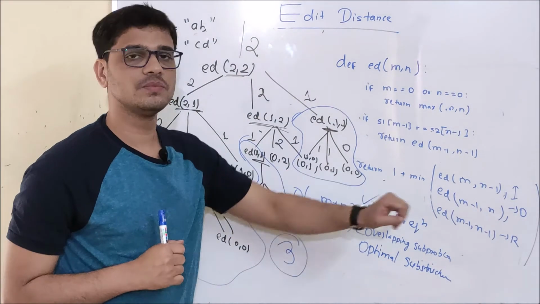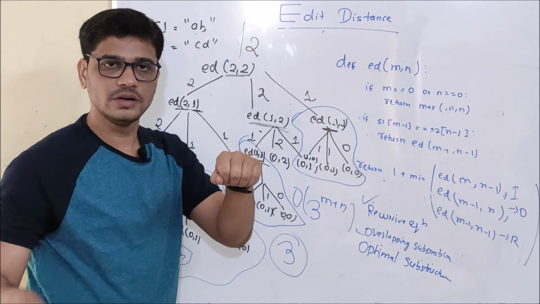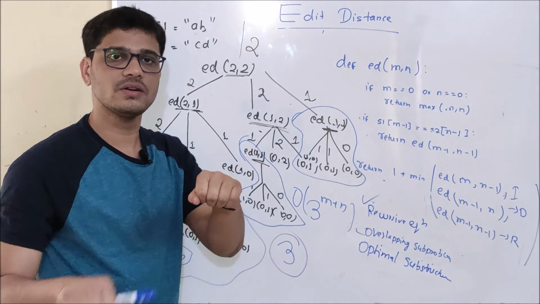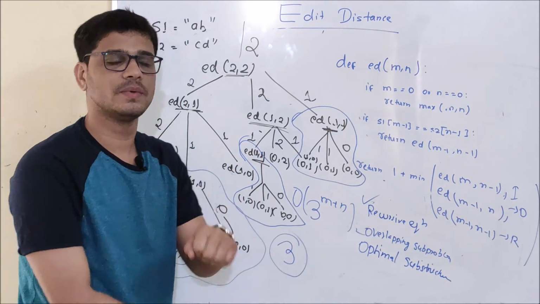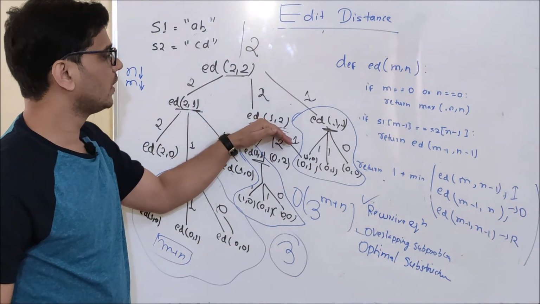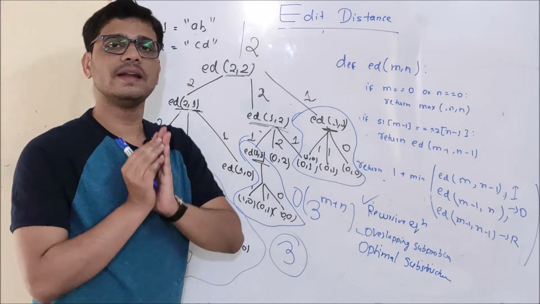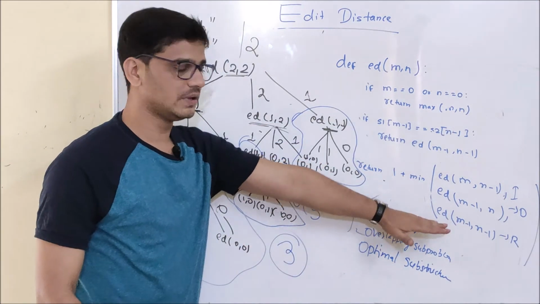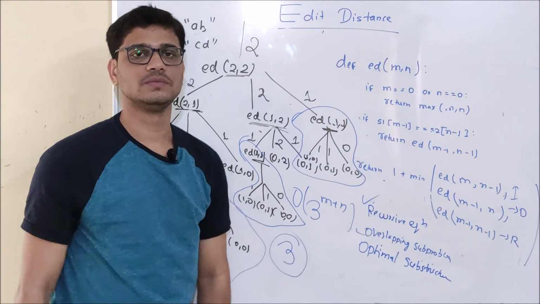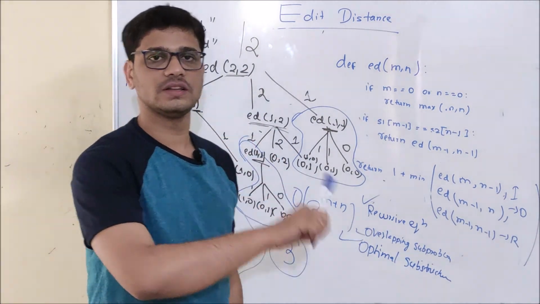That is, it will choose the minimum. So a bigger problem is breaking itself into smaller subproblems, and later on, with the help of these, it will come to its answer. And one more thing, ed of 2, 1, 1, 2 and 1, 1 will give the optimal answer in themselves, because it will be using this optimal solution. So the third property, the optimal substructure property, is also satisfied here.